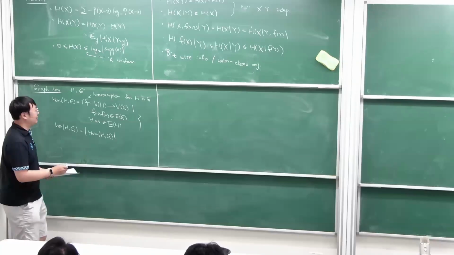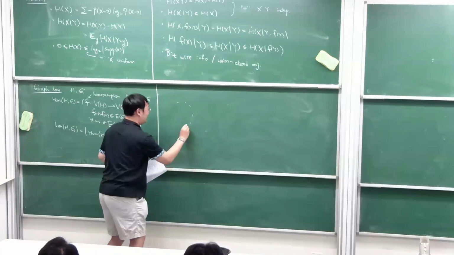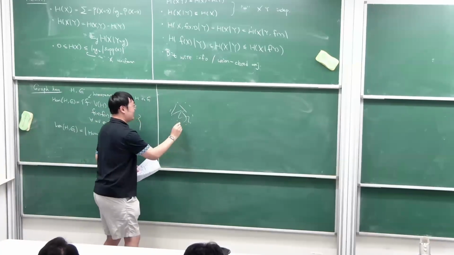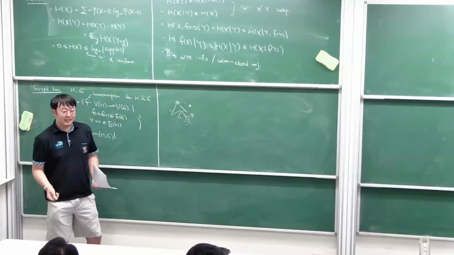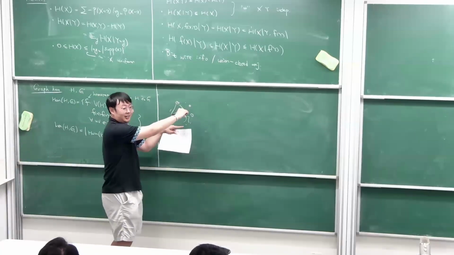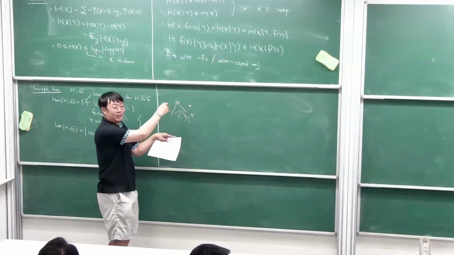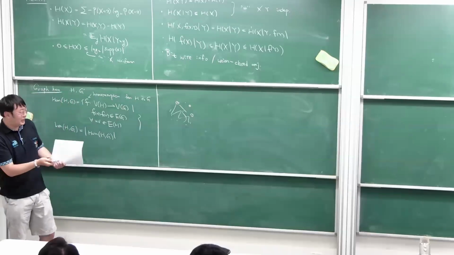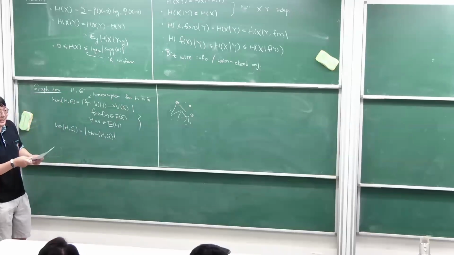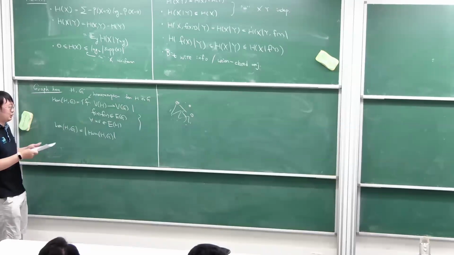If you have a complete graph, then you pick any 3 vertices randomly. If none of these 3 vertices are the same, then you get a triangle automatically. So with probability 1 minus o(1), you get a triangle. So you kind of want to say the probability you hit a triangle is really high.